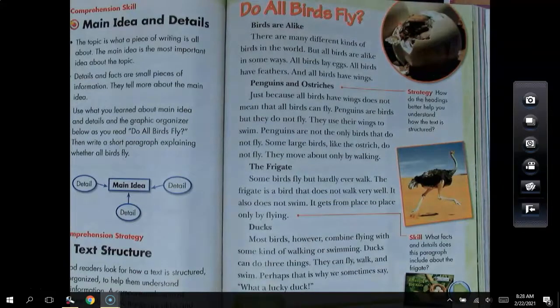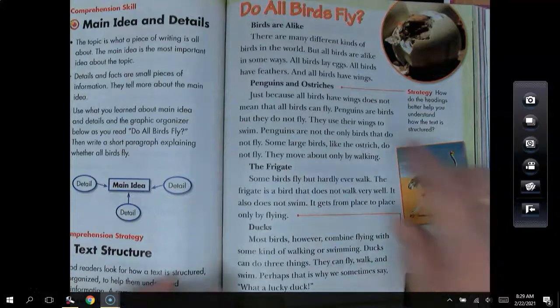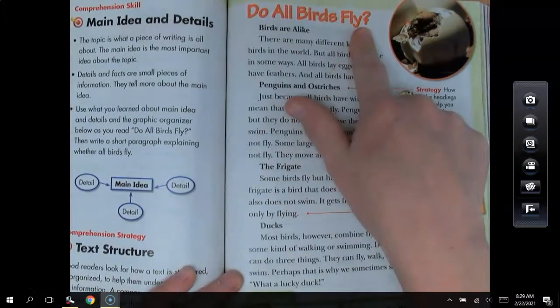So I'm going to read you Do All Birds Fly, and as I read you this selection, I want you to think about what this short story is all about. And if we come up with something, I want you to think about what details support that main idea. All right, Do All Birds Fly?